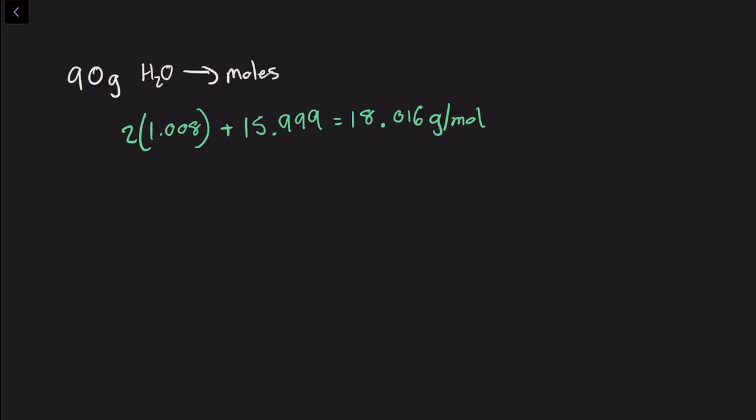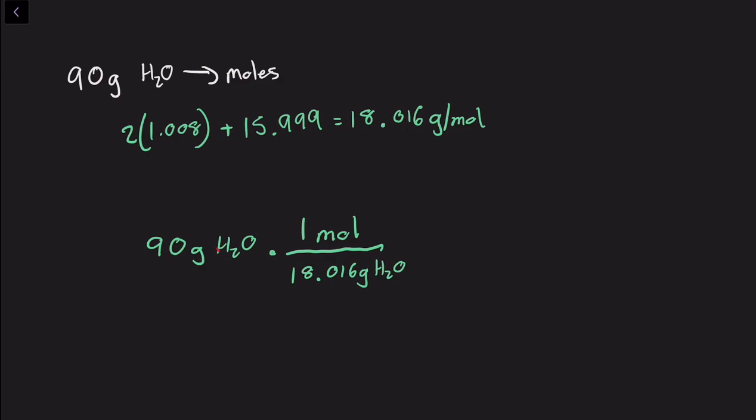So all we did to get the molar mass of water was add the molar masses of hydrogen and oxygen, making sure to take into account the number of atoms of each we have. So now we're going to set up our conversion. We're going to do our 90 grams of H2O, and we're going to multiply it by our conversion factor. We have grams on the top, so we're going to put our 18.016 grams on the bottom, meaning we're going to have 1 mole on the top.